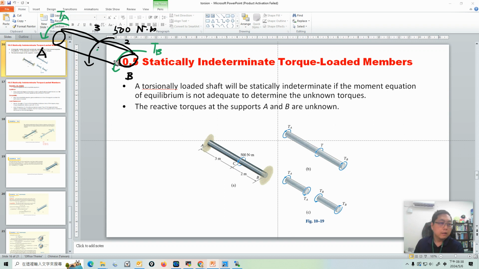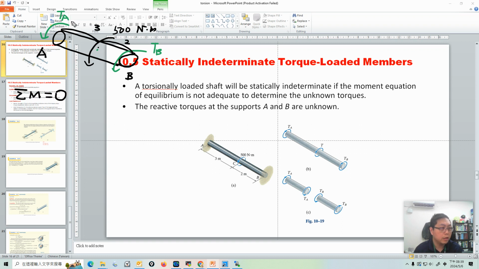First of all, we use the rigid body equilibrium. In this problem, we only have torque applied on the system, so we only need to consider the total moment balance. We don't have to consider force balance because the force is zero, so that's useless. The total moment of the system is equal to zero.